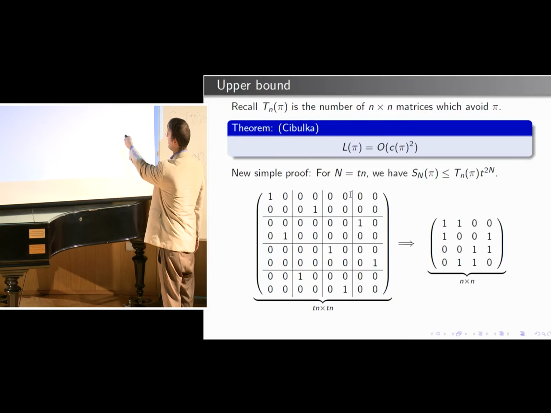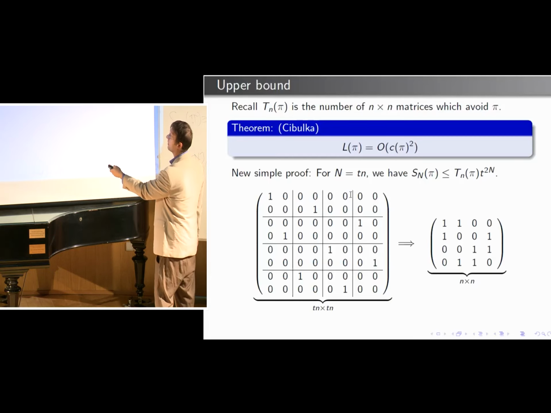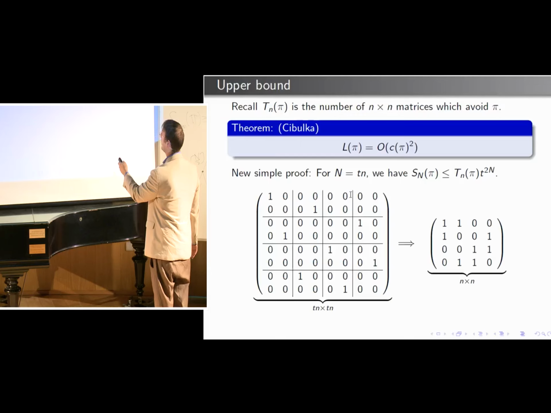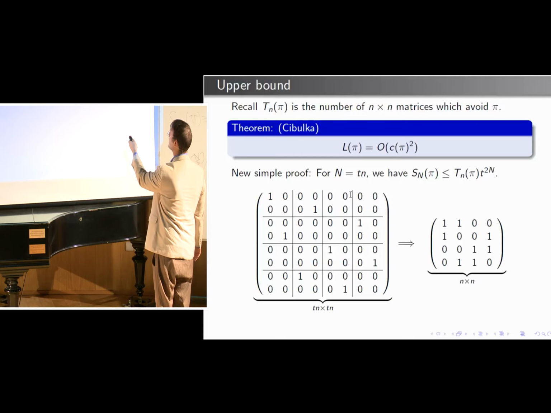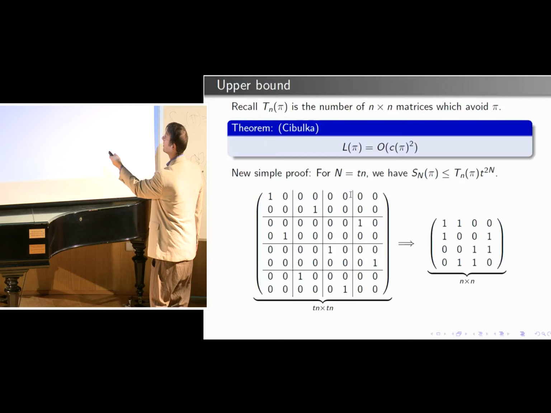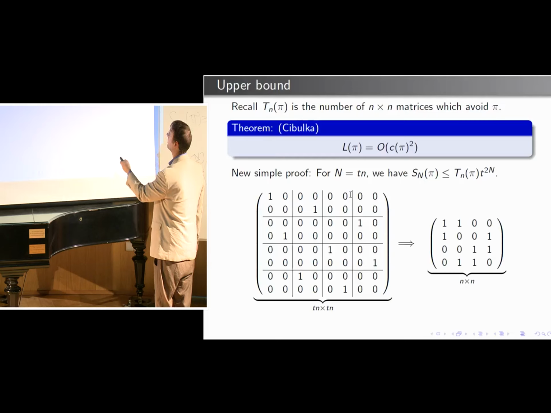So given the image, how many choices are there for the original matrix? Well, there's at most k 1s in the first row. So let's look at the first row here and see how many possible places that first 1 could be, given what we know here. Well, the first 1 can only be where there's a 1 in that block. So there's at most k blocks here that have a 1, and each of those blocks in the first row has k entries.